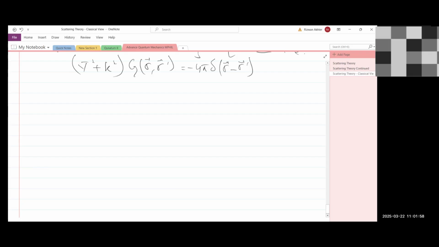We would see why it is called an integral equation: in the integrand there is this function whose solution we have to find, so that's why we call it an integral equation.